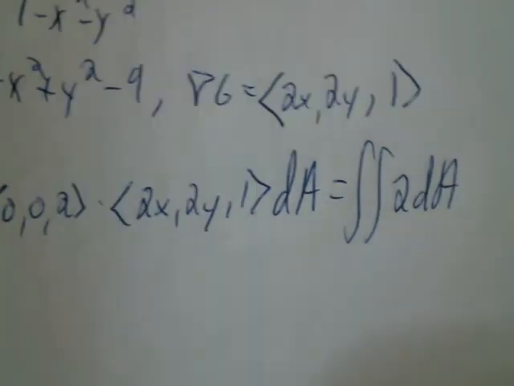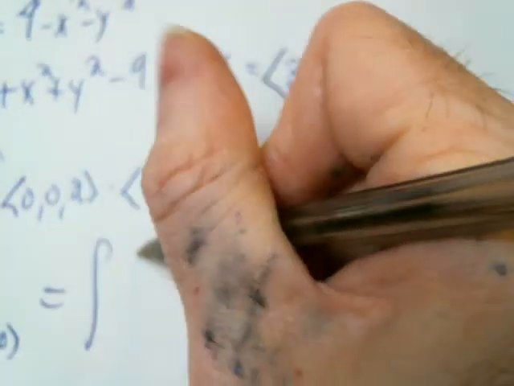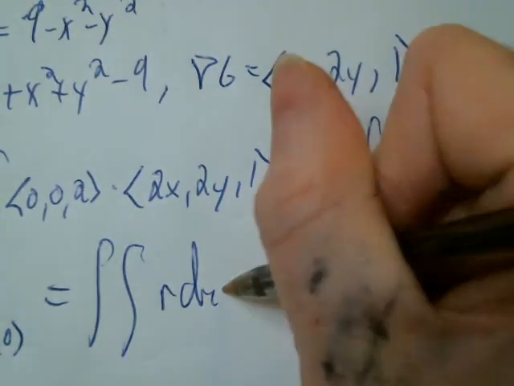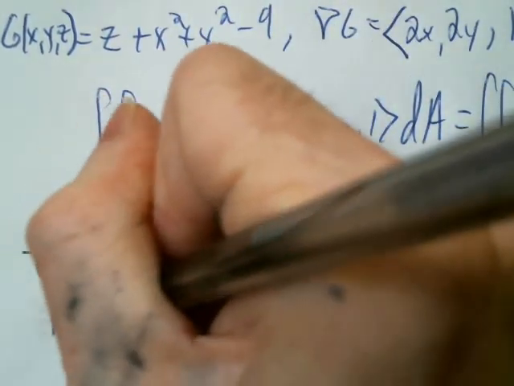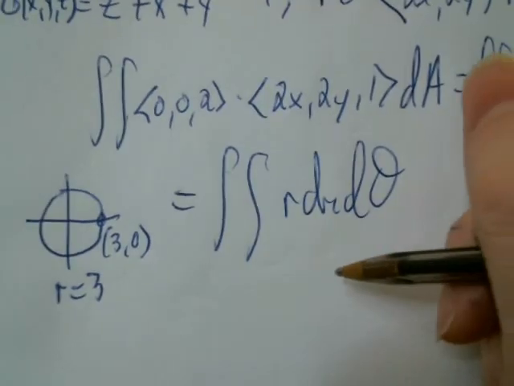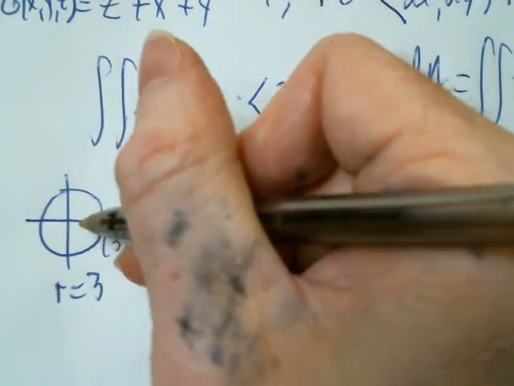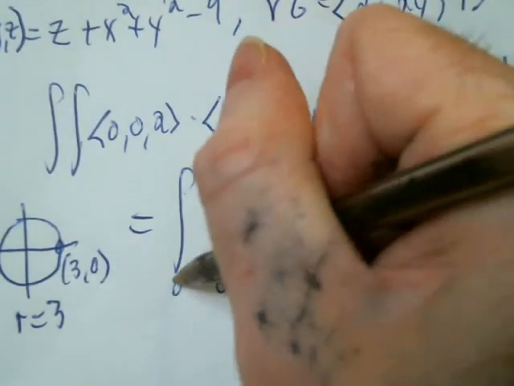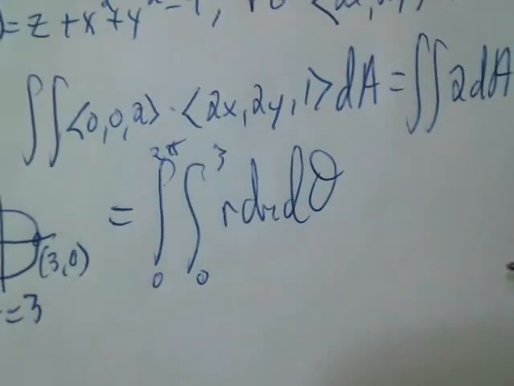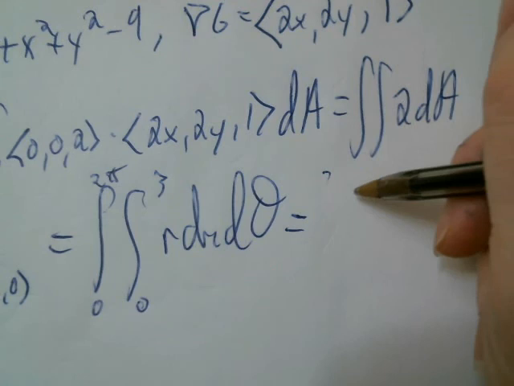And then I want to go polar. So I'll have the double integral of r dr d theta from r equals, well, the equation of this in polar coordinates is 3, right? And then I need to go theta equals 0 to 2 pi. So 0 to 3, and then 0 to 2 pi. And so let's get at it.